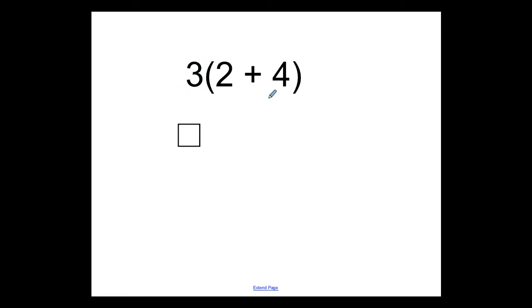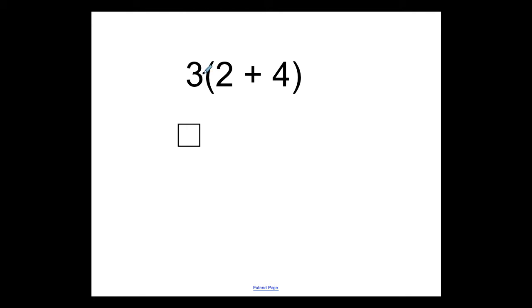First, if we look at this expression right here, we see that there is the number 3, and then we see this number here that is grouped together. This number is the result of adding, so we call this the sum of 2 and 4. Now, what is going on between this 3 and this number right here, 2 plus 4?